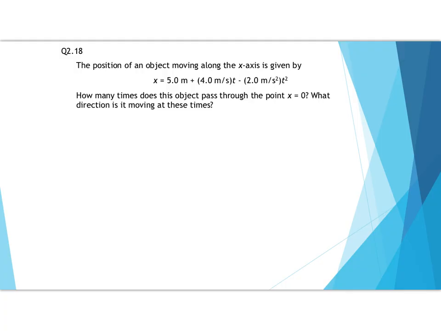And then what direction is it moving at these times? So how would we answer those questions? I think the first part is relatively more straightforward to see that we just want to know when does x equal 0. So we'll set this equal to 0.